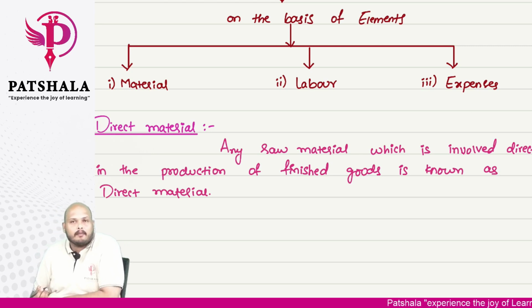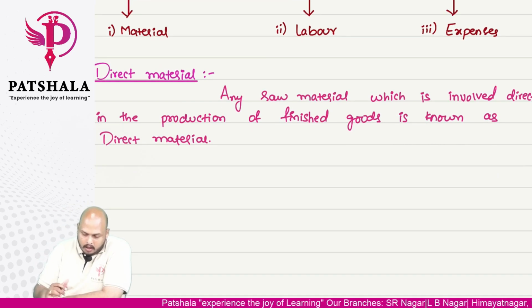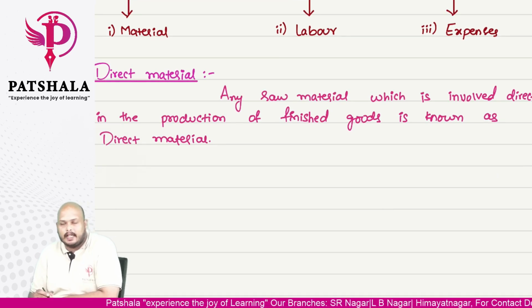So what do you mean by direct material? Any raw material which is involved directly in the production of finished goods, that we will call a direct material. We will see one example for better understanding.